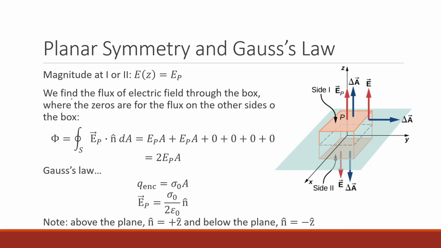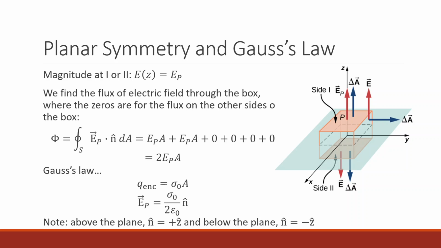So we find the flux of the electric field through the box, where the zeros are for the flux on the other sides of the box. Our flux is going to be our surface integral of E_P dot n hat dA. So we get E_P, our electric field at some point, times the area, plus the electric field at some point times the area, and so we get 2 E_P A.